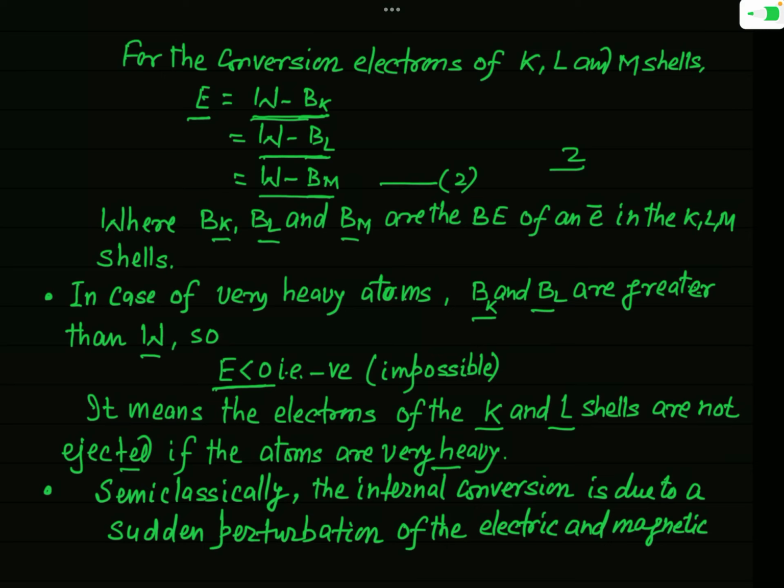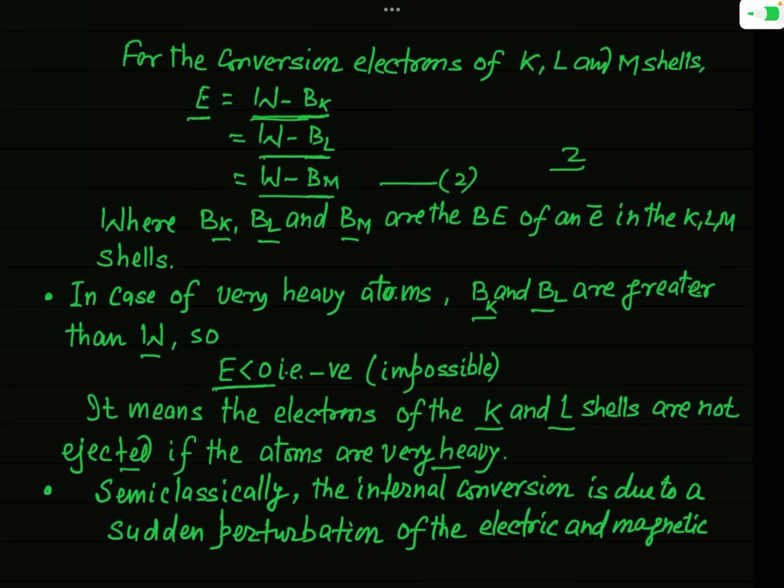Okay, I think you have understood. This is a very simple concept: the electrons of the K and L cell will not be ejected after gaining the excitation energy W, because the binding energy of these electrons is greater than the excitation energy W, and so in this condition the kinetic energy would be negative, which is not possible, which is an absurd result.